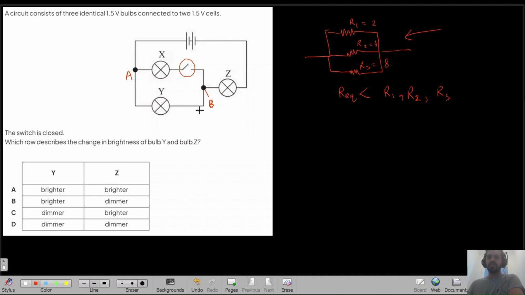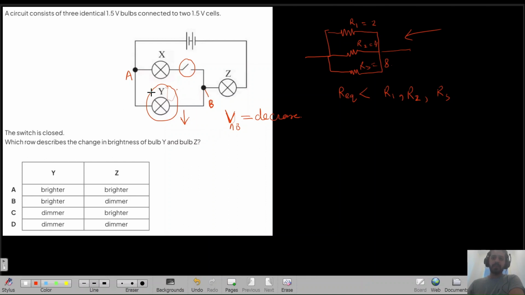Because the total resistance will go down, that tells you that the total voltage drop between A and B will also decrease. So after closing the switch, if the total voltage between A and B goes down, that means that the brightness of bulb Y should also decrease, right?